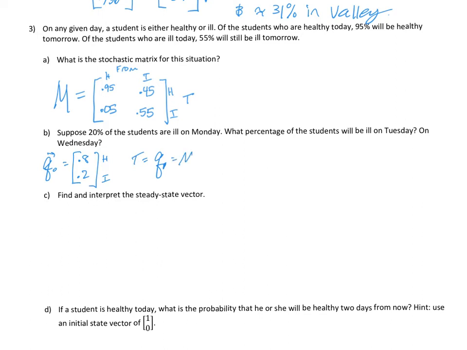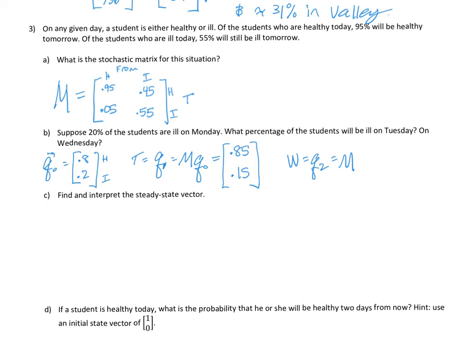So I'm just going to do Q1, which is Tuesday. That's the stochastic matrix times Q0, which will give me 0.85 and 0.15. 85% healthy, 15% ill. And then Wednesday, that would be Q2, the next day.